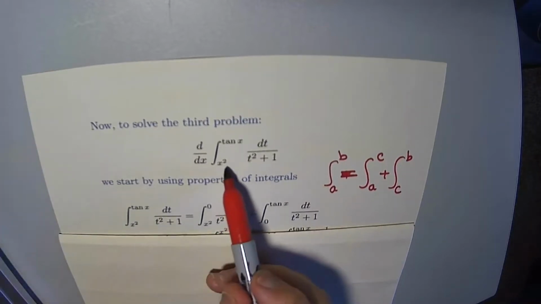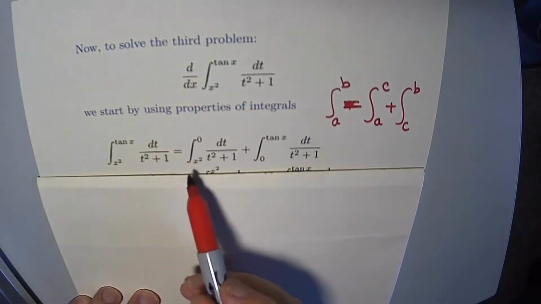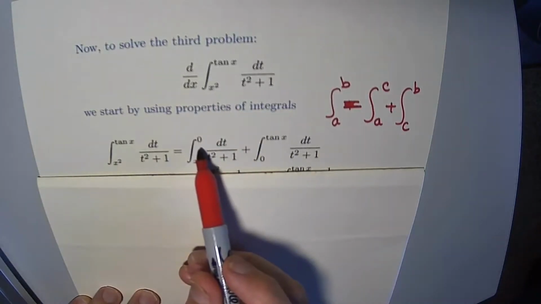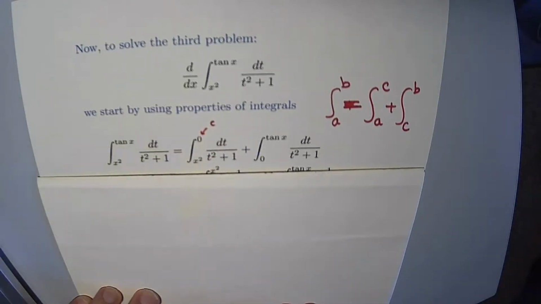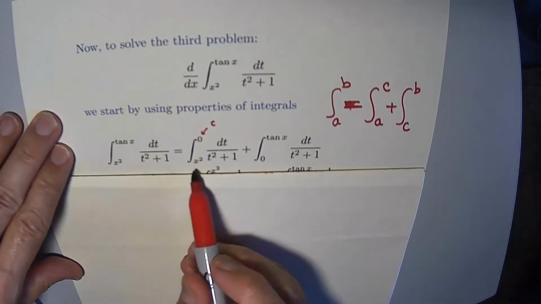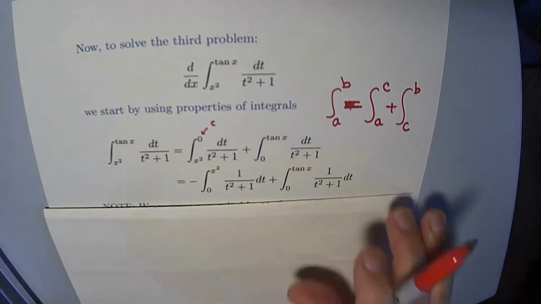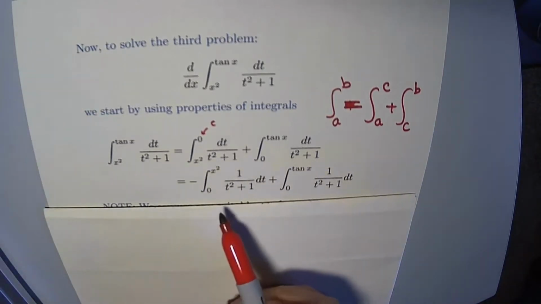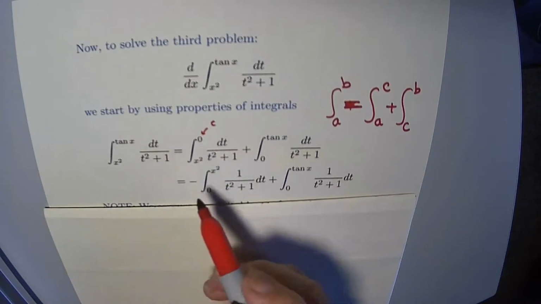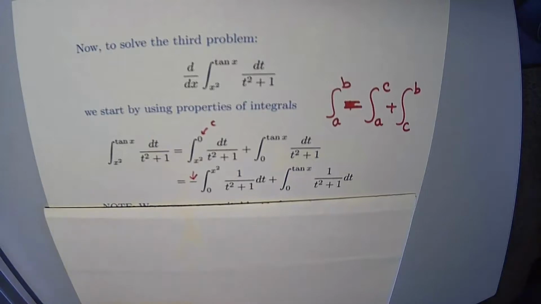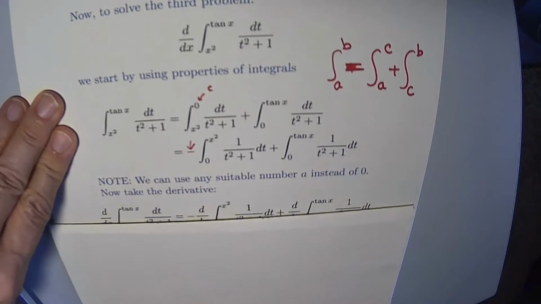If I split the integral here in the same fashion, I can pick and choose an appropriate number c. So let's just pick c equal to 0, and we get a sum of two integrals. The first integral has x squared at the bottom, a number on top, so let's switch. Introduce a negative sign. The second integral is already in the correct shape.